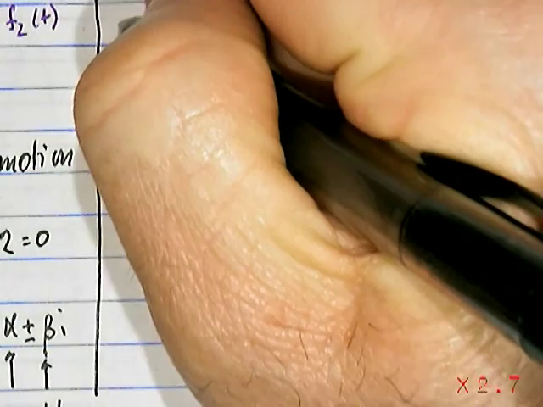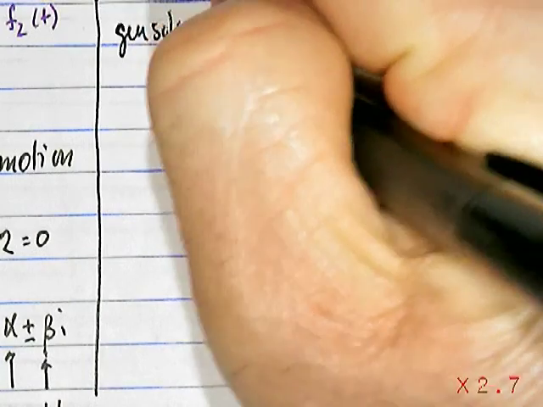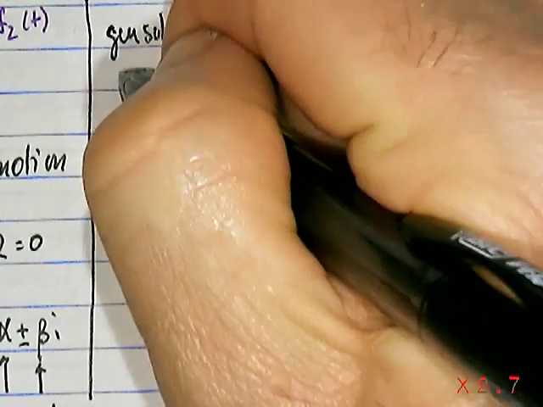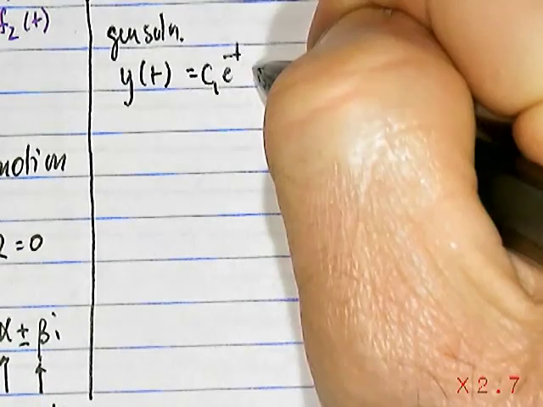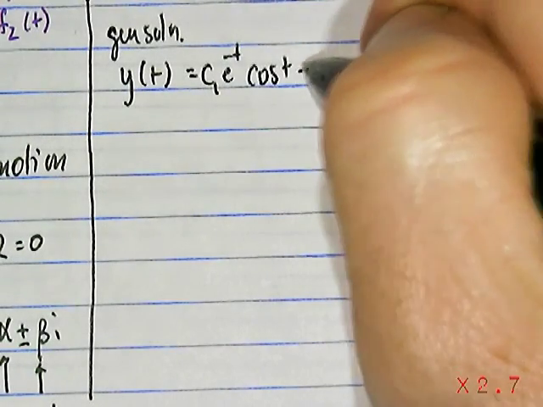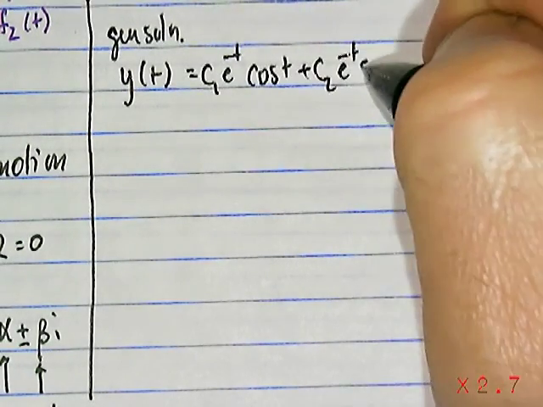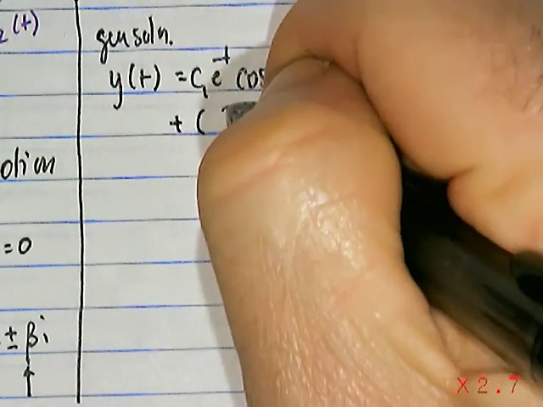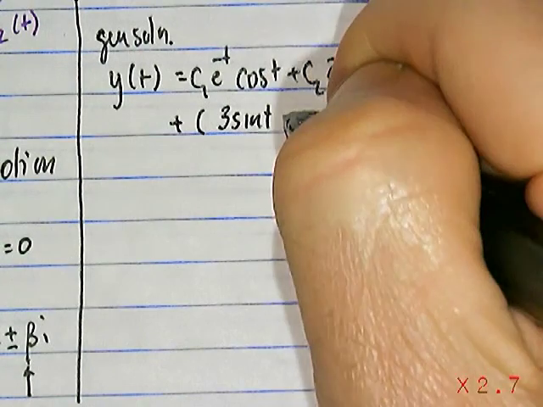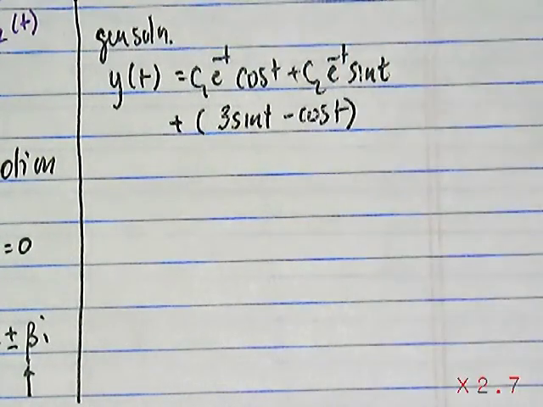part of the problem. So again, let's write down what we have. Making some room here for our oscillator problem. We now know that the general solution has the form y of t equals c1 e to the minus t cosine of t plus c2 e to the minus t sine t plus the quantity 3 sine t minus cosine t, which was the particular solution.